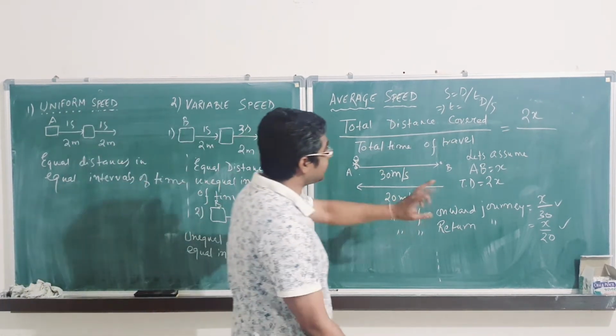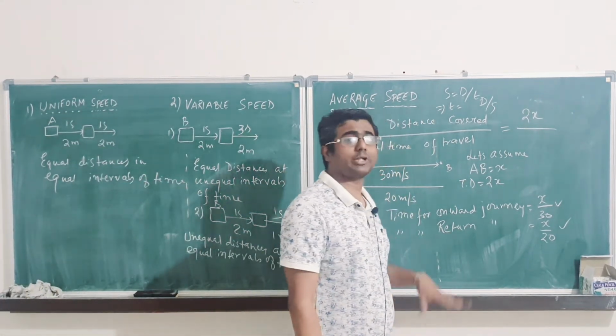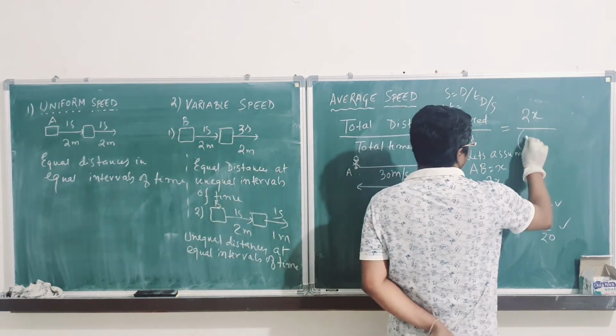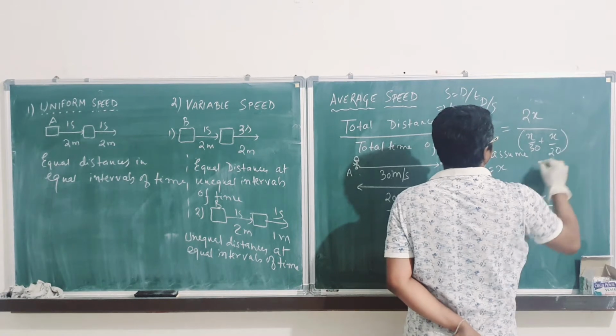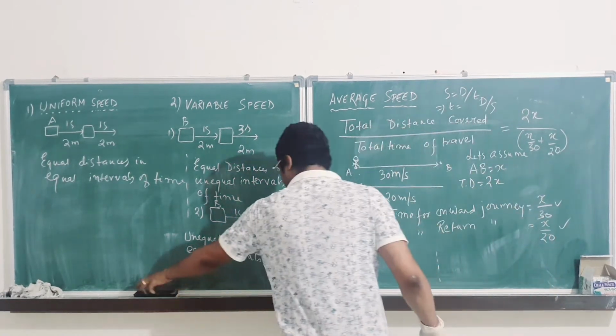So these are the two times that we have got. So total time is x by 30 plus x by 20. Okay? So here I'll have to rub a little.